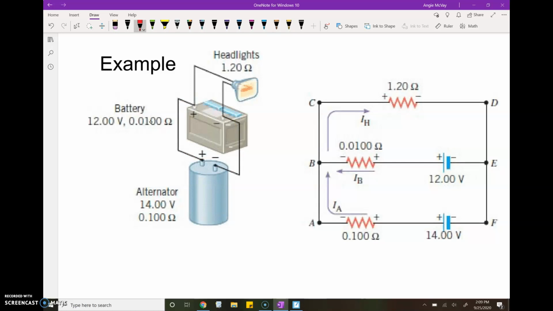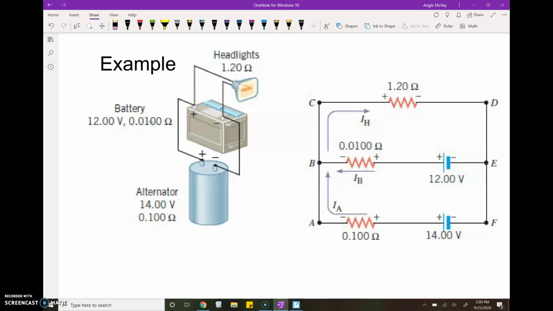So this is the alternator, battery, and then the headlamp is what's going on in this circuit. So we've got 3 resistors and we've got 2 power supplies.